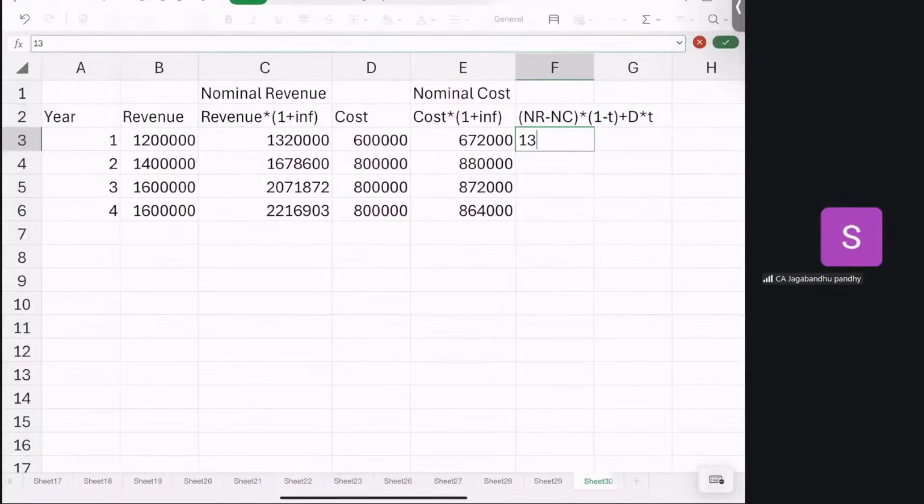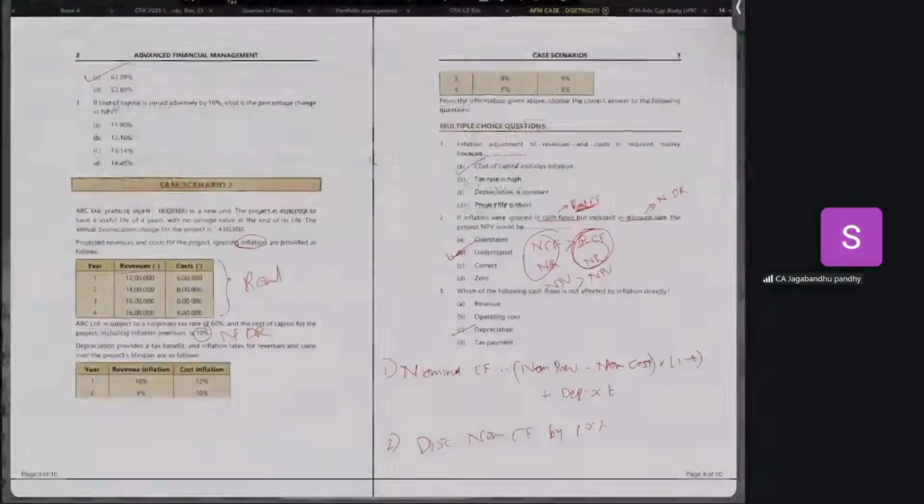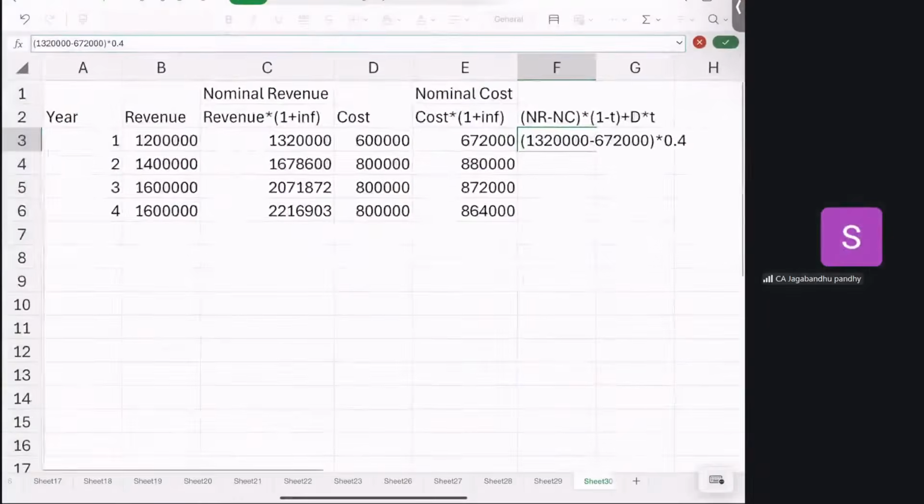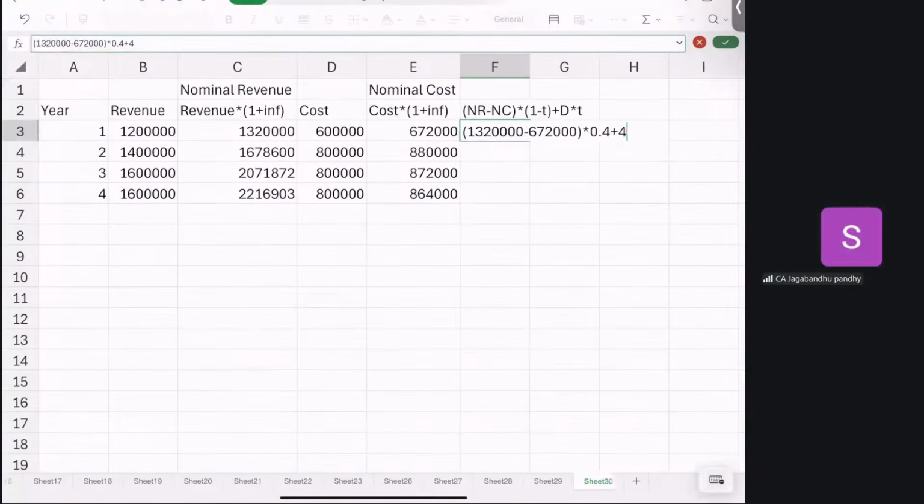Can definitely say this is 13 lakh 20,000 minus 6 lakh 72,000. This multiplied by 0.4, because 60% is what the tax is being said. Yeah. This is multiplied by 0.4, and plus on 4 lakh, you're going to save 60% of that as tax.